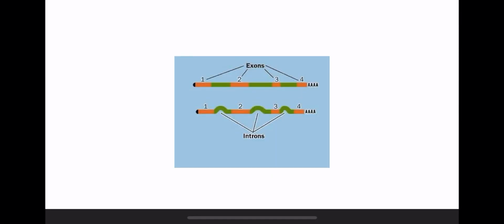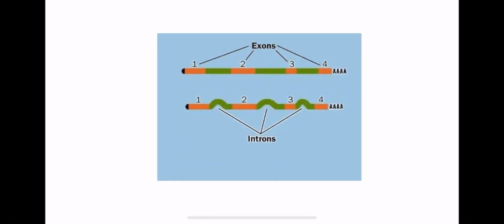Let's remember together. The DNA is composed of coded parts and non-coded parts. The orange parts are coded. They are called exons. The non-coded parts are the introns. But in bacteria, there are no introns. They don't have those green parts. They have only coded parts.